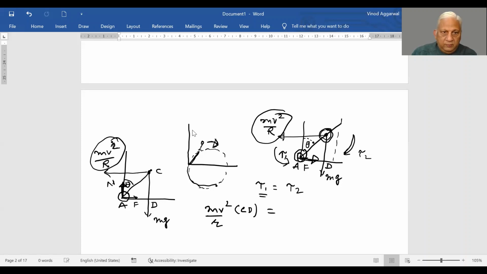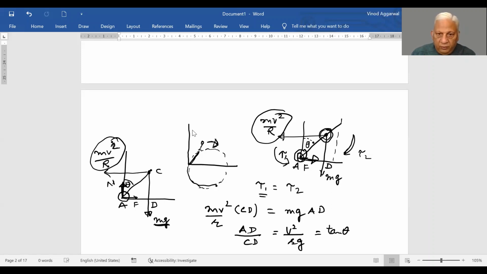This should be equal to the torque generated by weight, whose shortest distance from the point of rotation is AD. So AD divided by CD is equal to v squared by rg, which is equal to tan theta.